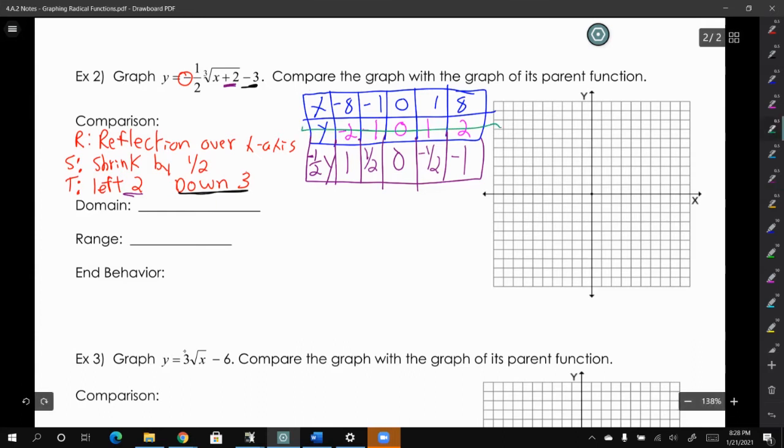Remember, we're going to cross off the middle row like we did on the square root function. So we have (-8, 1), (-1, 1/2), (0, 0), (1, -1/2), and (8, -2).